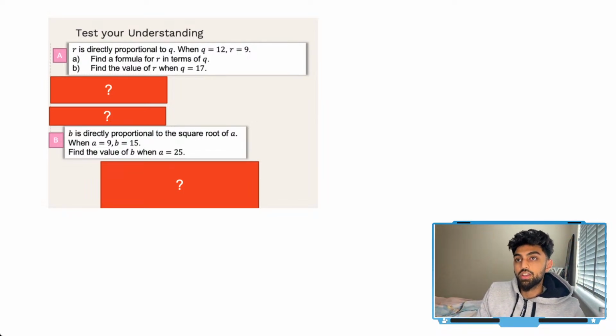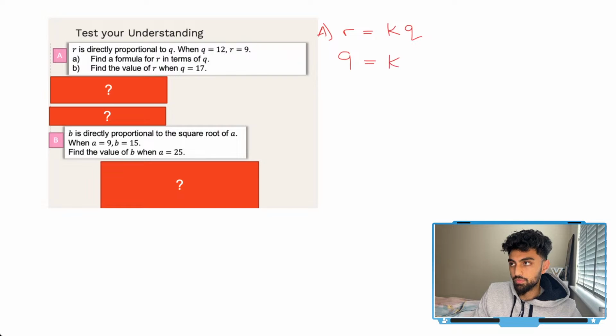Okay. So R is directly proportional to Q. Directly proportional, so we have the equation R is equal to K times Q. When Q is 12, R is 9. So 9 is equal to K times 12.